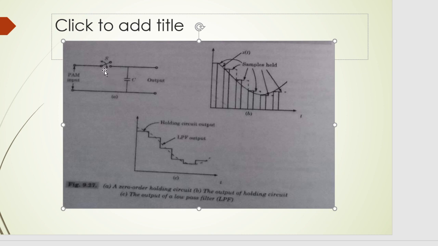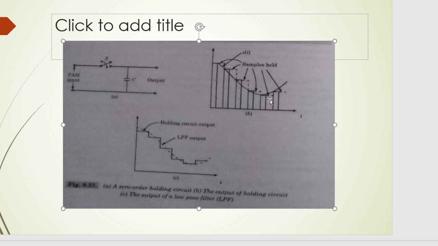So this switch S will be closed when the pulse is on. I repeat, this switch S will be closed when this pulse is on. The switch will be open when this is 0 or when the pulse amplitude is 0.